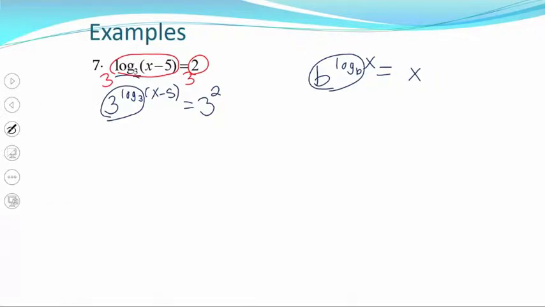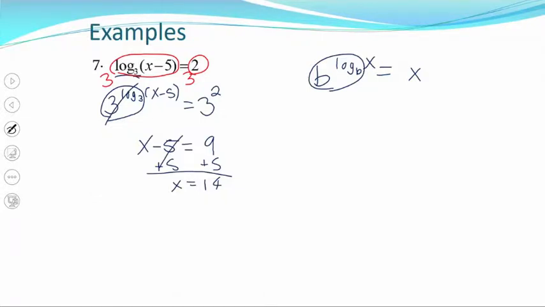Meaning that the left side is really just x minus 5. And on the right, I have 3 squared, and I know 3 to the second power is 9. So I really just now have x minus 5 equals 9. So add 5 to both sides, and we're done. x equals 14.